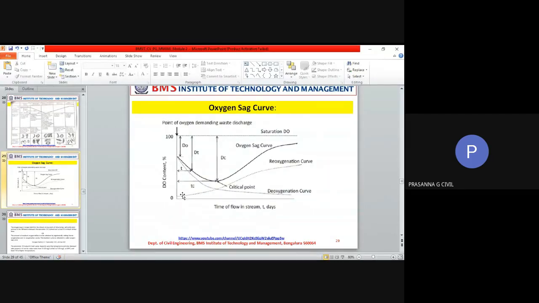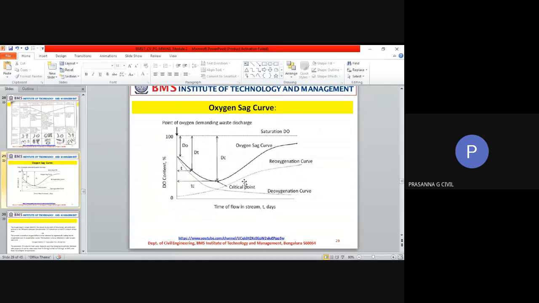So even though there is some consumption of oxygen due to the BOD load, atmospheric oxygen is continuously getting into the water, and that is what is giving you your reaeration, or we can call this the reaeration curve also, or reoxygenation curve.